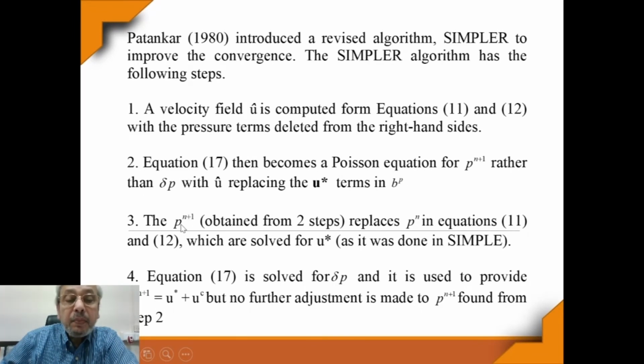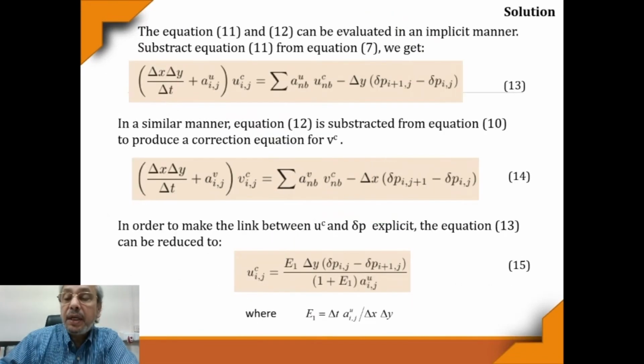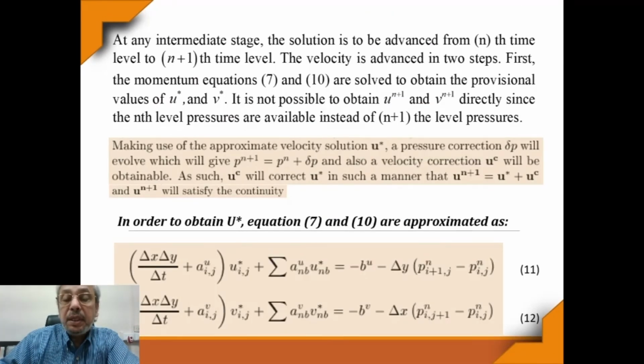The Pn plus 1 obtained from these two steps replaces Pn in equation 11. So this way, in equation 11, you drop P terms, you evaluate U star. Now this U star, there is no P, you are calling it U hat.